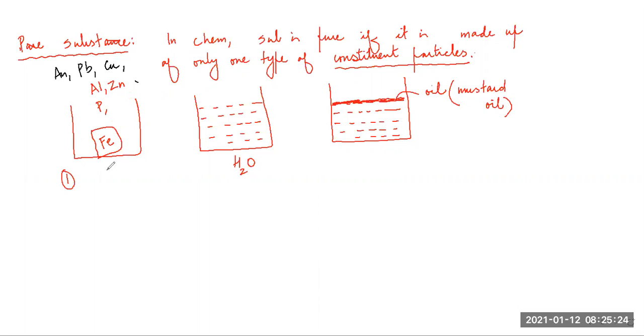All the elements like iron are made up of atoms. The constituent particles, the smallest particles which all the elements are made up of, are atoms.